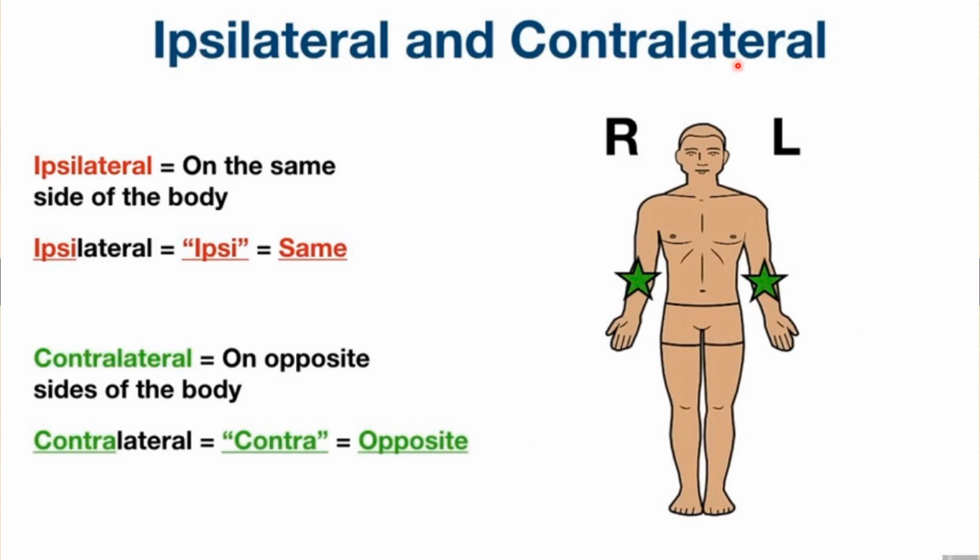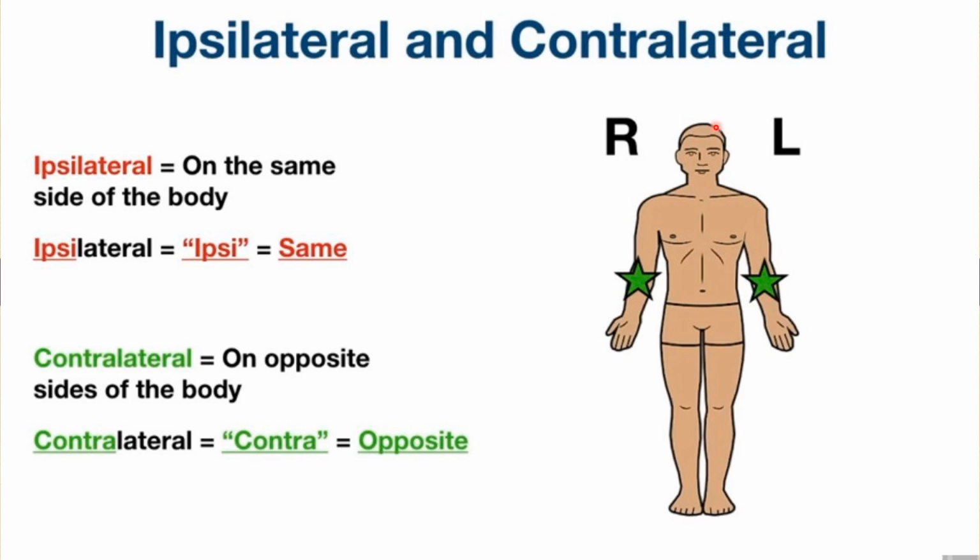For example, if a patient has a brain tumor on the left side of the brain, and the weakness is on the right side, then you say that there's contralateral weakness. Sometimes you expect that because the tumor is on the left side of the brain, the weakness should be on the left side, but no, the weakness can be on the right side, and if it's on the right side, you say there's contralateral involvement.